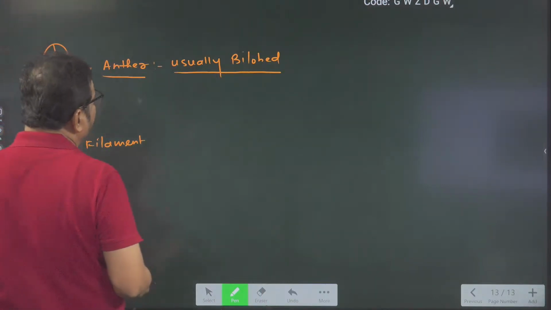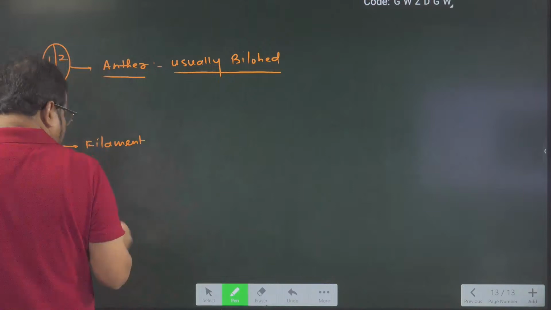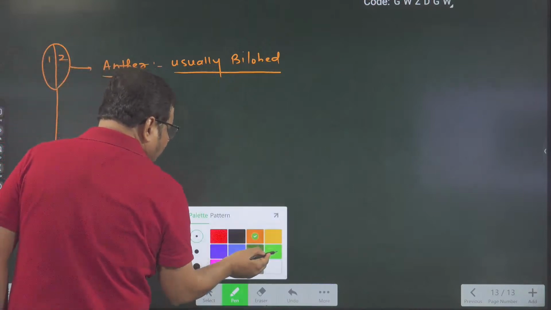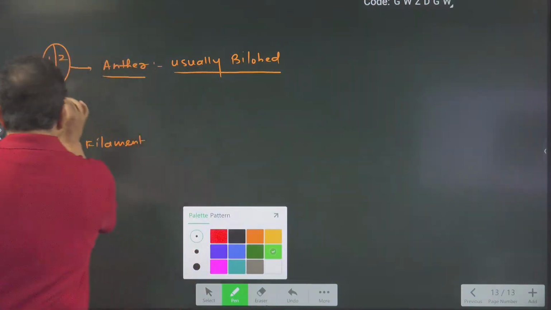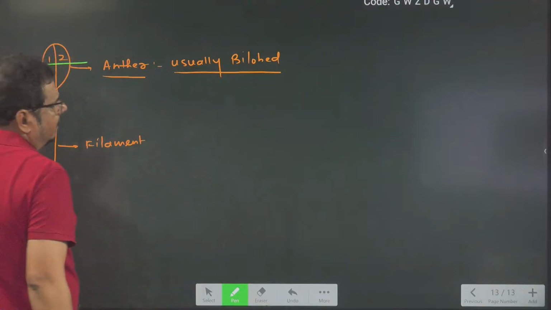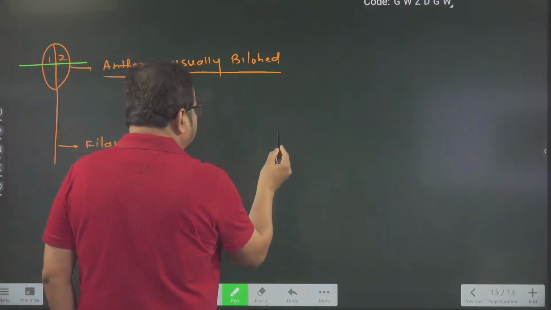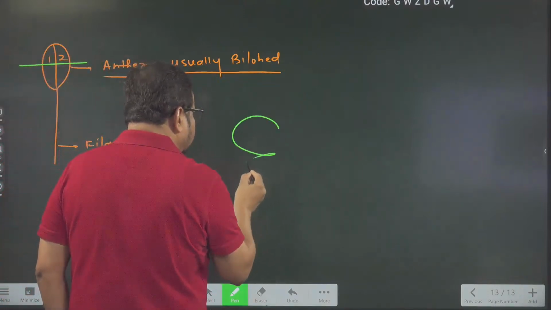Now, in each lobe, two chambers are there. If we cut the TS of this anther, we get some such kind of a structure.